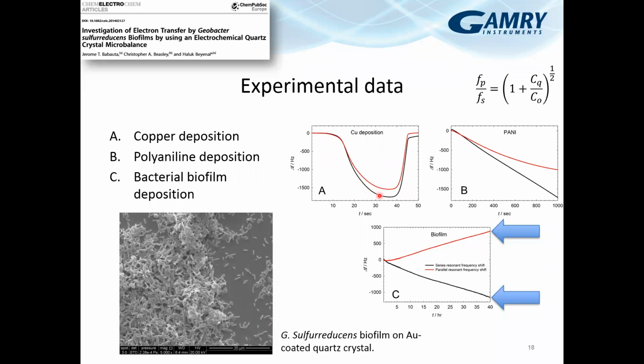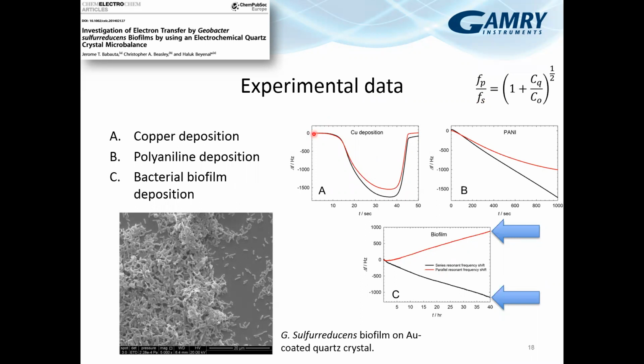And I should back up: the black trace is your series resonant frequency, and the red trace is your parallel. So FS and FP. I mentioned that the ratio of the two tells you about essentially the elasticity of your film. In the case of a metal film like copper, you expect it's a fairly rigid film and it's packed tightly.